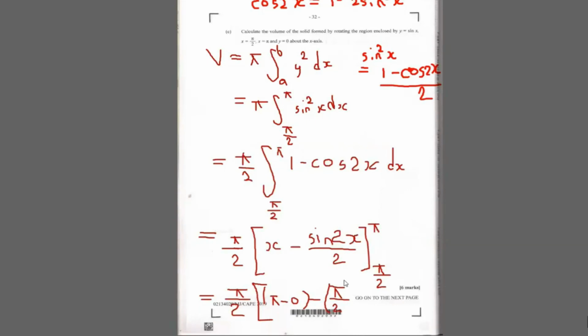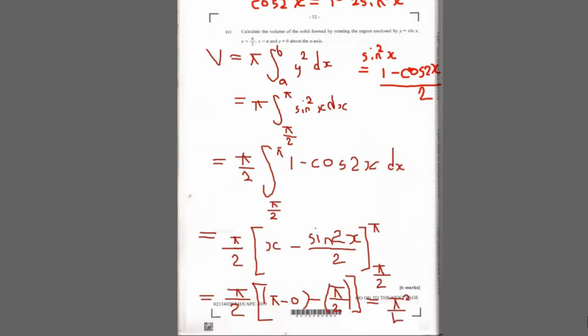So we just get pi minus pi by 2, which is pi by 2, and pi by 2 times pi by 2 is pi squared over 4. So the volume is pi squared over 4.